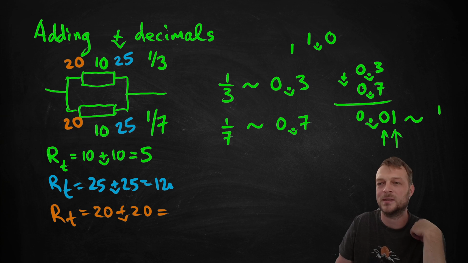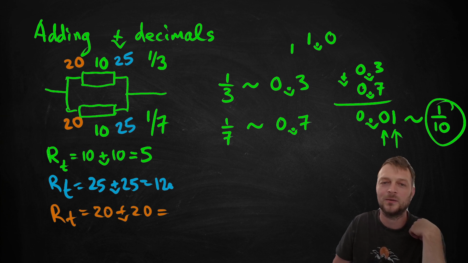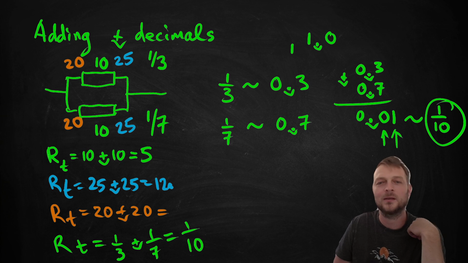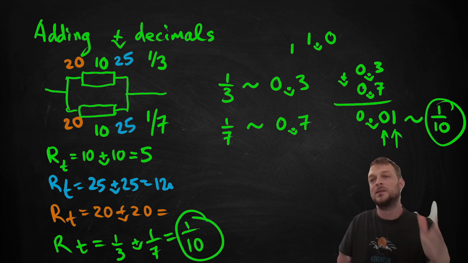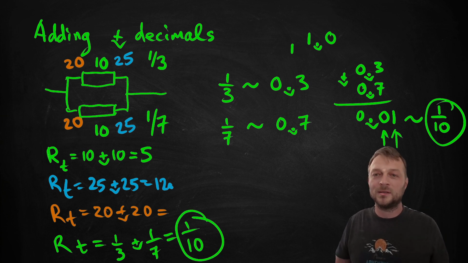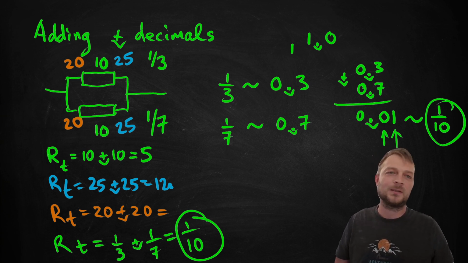So this is the same as 1/10. And we know that our total in this final case will be 1/3 plus 1/7. It will be equal to 1/10. So we see that operations on decimals equivalent to operations of fractions.